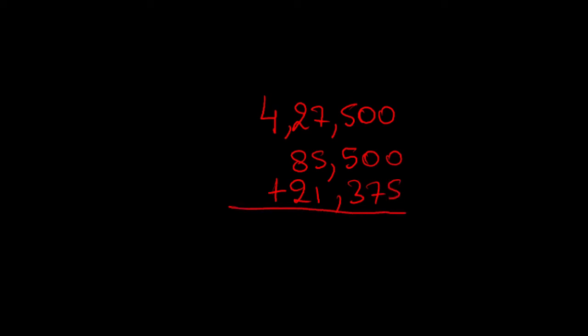Now let's start adding. Now 0 plus 0 plus 5 is 5 and 0 plus 0 plus 7 is 7 and 5 plus 5 plus 3 is 13. So 3 here and 1 carry over and 1 plus 7 plus 5 plus 1 is 14. So 4 here and 1 carry over and 1 plus 2 plus 8 plus 2 is 13. So 3 here and 1 carry over and 1 plus 4 is 5.